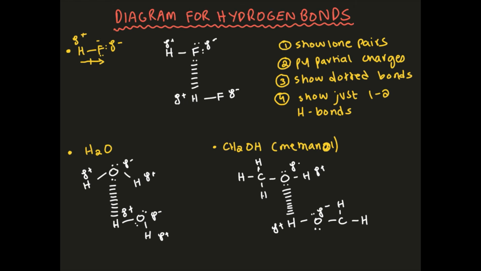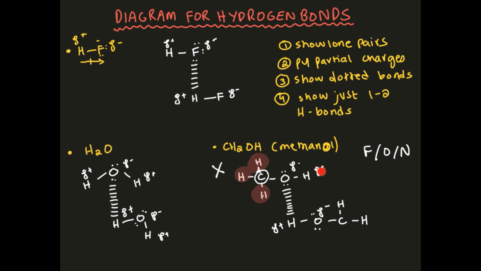So in this case, these hydrogens over here will not take part in hydrogen bonding, because for hydrogen bonding to take place, the hydrogen needs to be bonded to a fluorine, an oxygen, or a nitrogen, as you saw in the previous slide. Since these hydrogens are bonded to a carbon, they will not take part in hydrogen bonding.